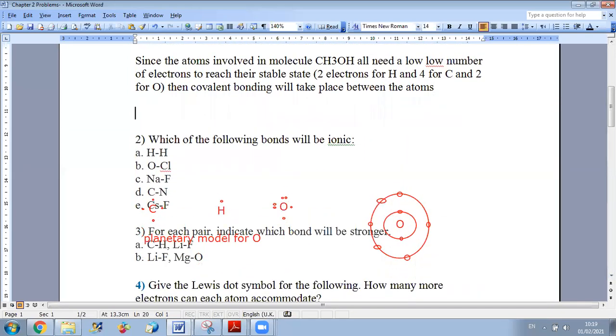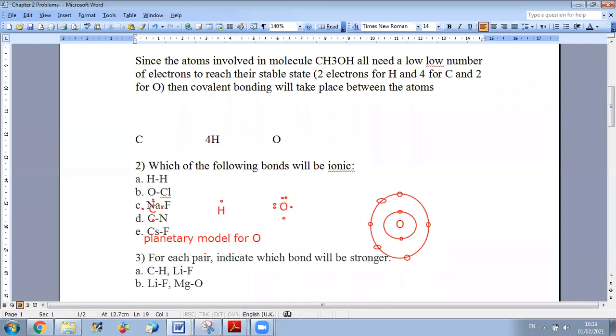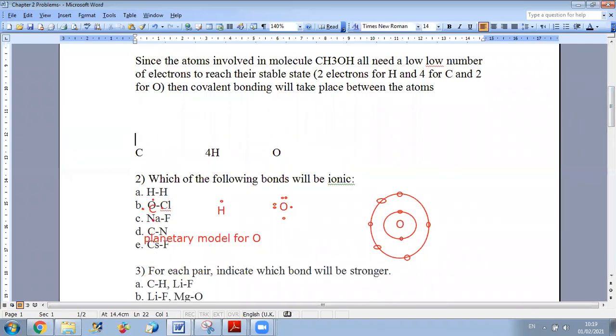So first, let us do some analysis. We have 1 atom of C, 4 atoms of H in total, and 1 oxygen. So this is C here.